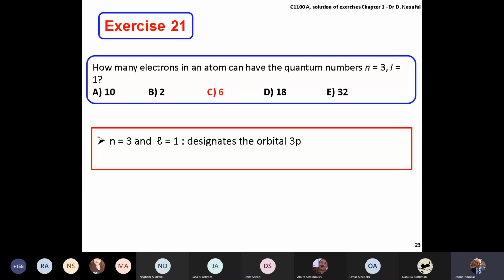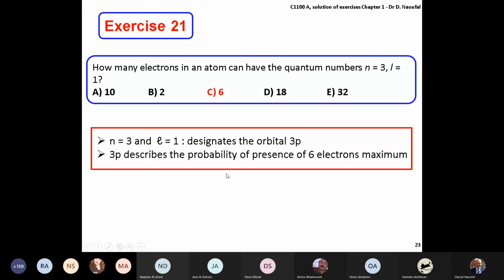And each room contains 2 electrons. So 3p is the motion of 6 electrons maximum. So the correct answer is C. 3p describes the probability of presence of 6 electrons maximum.